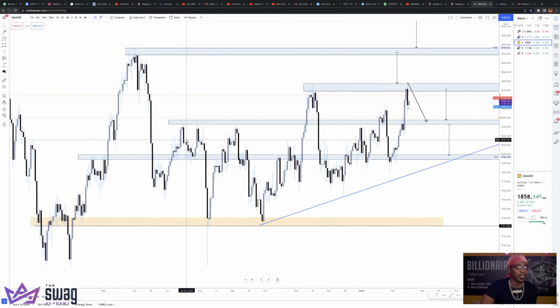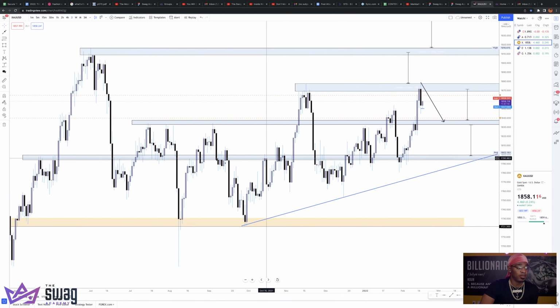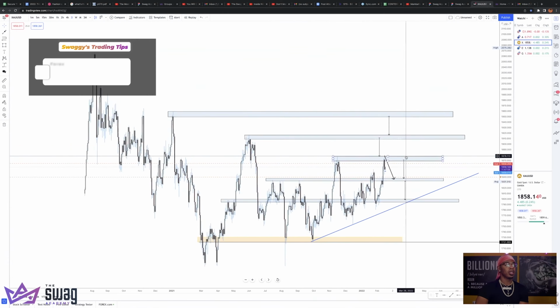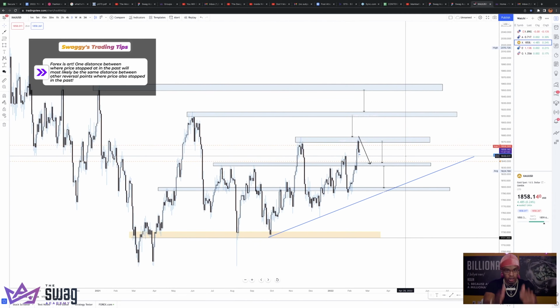Retest right here. Over here, retest. Right here, evening star, right on it, comes back down. Right here, all these wicks are on this area. Right here, comes down, stops, comes back up. Retest, broke a little bit below. Same with this. Forex is art. It is art, and it always will be.